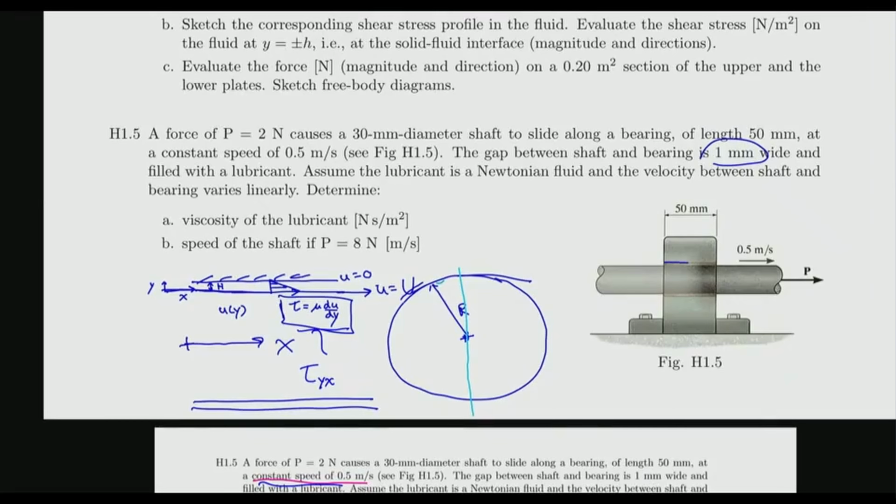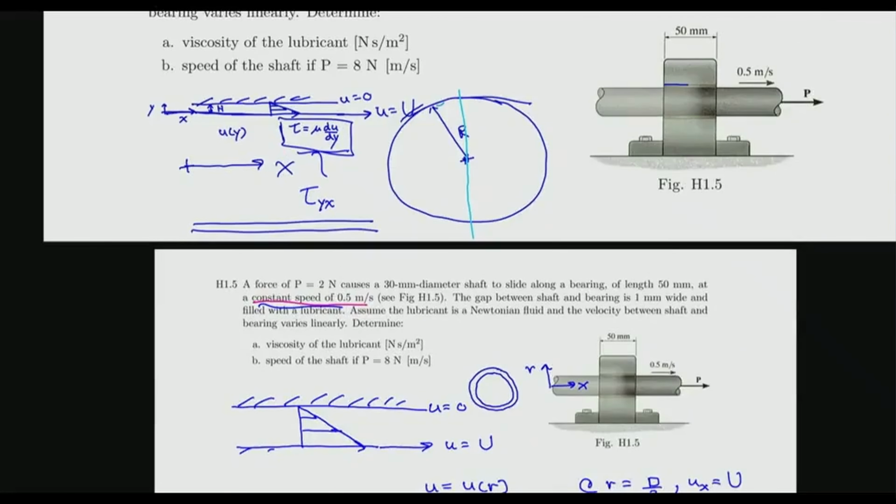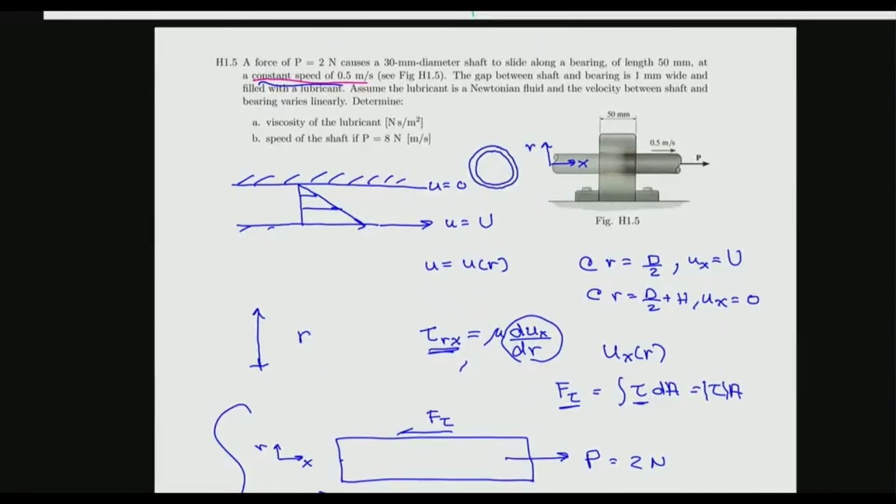And just keep in mind what we're talking about in terms of shear stress. First of all, it occurs when you have relative motion. Okay? So here in the fluid, you have a varying velocity. So you have relative motion.